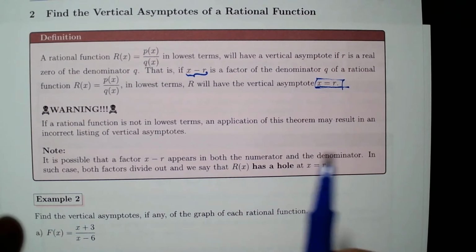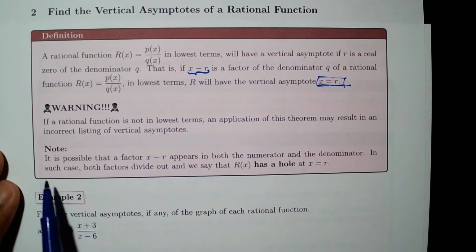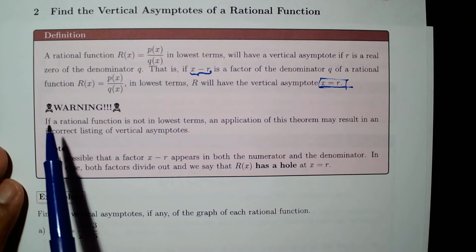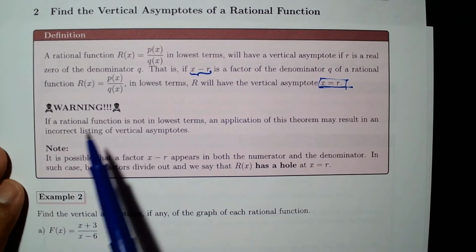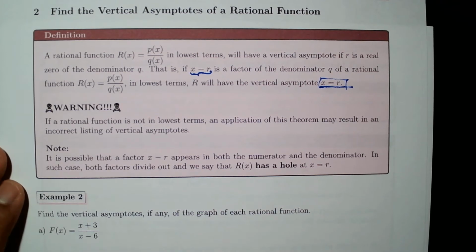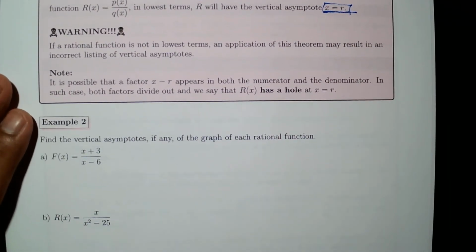We need to be very careful when finding vertical asymptotes, because if the rational function is not written in the lowest terms, then the theorem would be applied in an incorrect form. Now, there is a note that I want to add here which is not explained in our textbook.